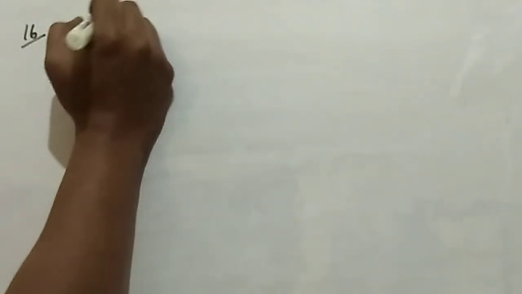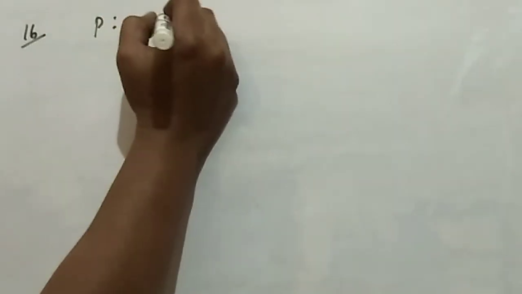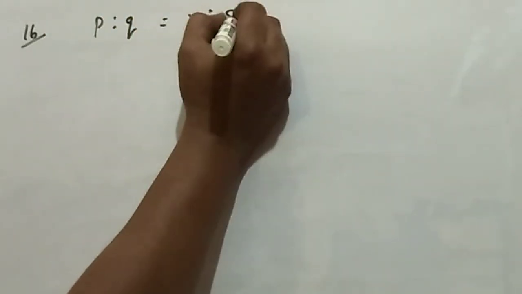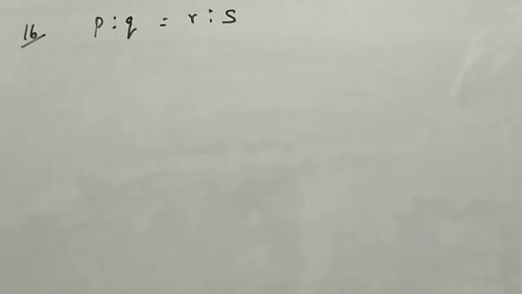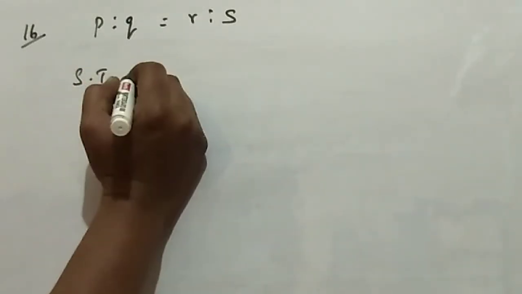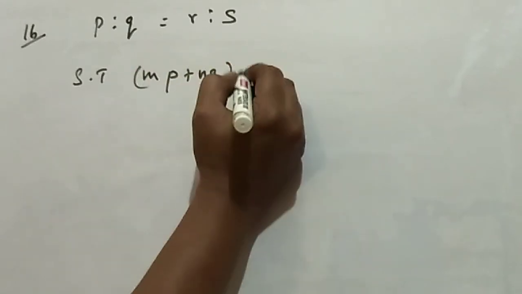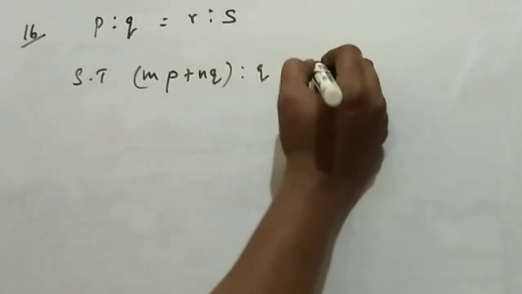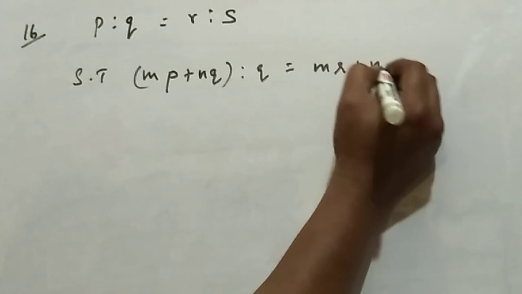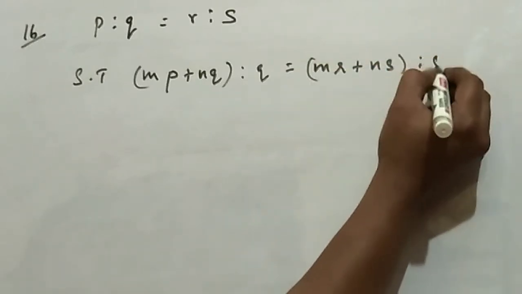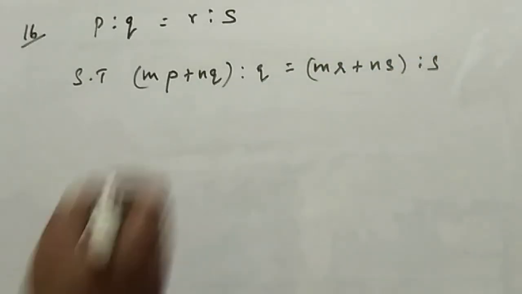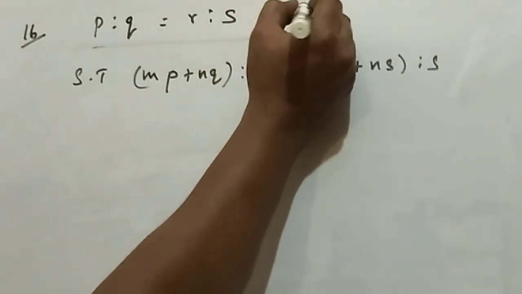16th question. It is given, if P ratio Q is equal to R ratio S, then show that MP plus NQ ratio Q is equal to MR plus NS ratio S. So this one is given.